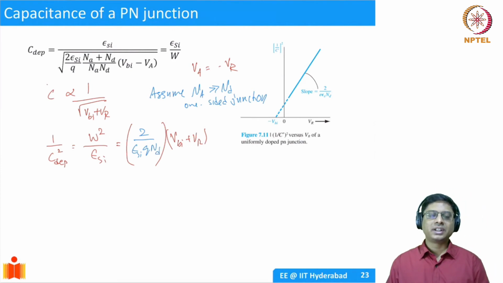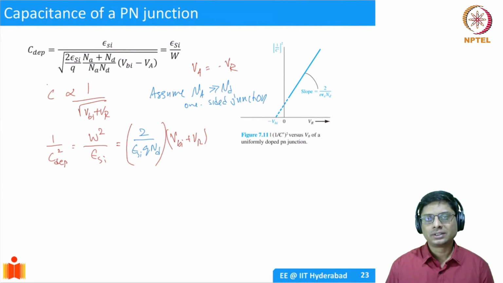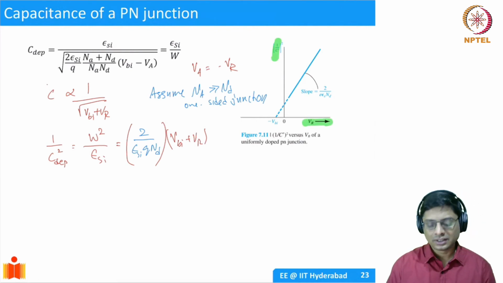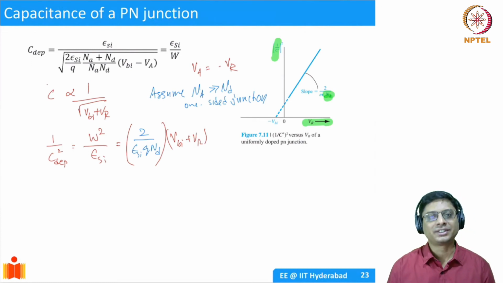The reason this is useful is we can measure it experimentally. We can apply a reverse bias voltage and keep measuring capacitance at different points. We have what is called an LCR meter that is used to measure the capacitance. If you measure that and plot voltage versus 1 over C square, you get a slope. From the slope, you can find out the doping density in your semiconductor.